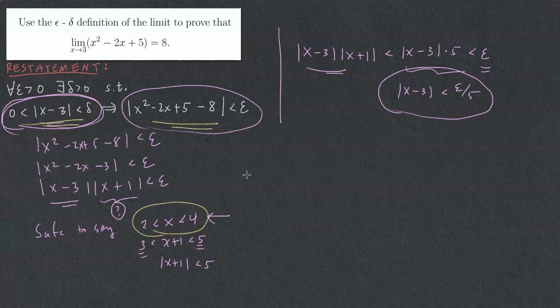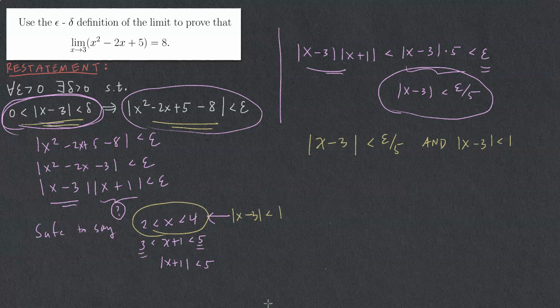So we really have to be careful with our logic here. Well, here's what we're realizing we're saying now about this expression x minus 3. What we really would like to have, and remember we're working our way backwards, is two things. I'd like to be able to say that x minus 3 is less than epsilon over 5. And I really would like to be able to say that x minus 3 is less than 1, because that's actually the same as saying that x is between 2 and 4, isn't it?